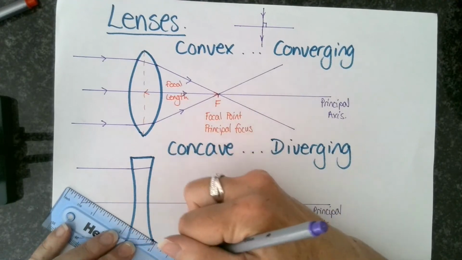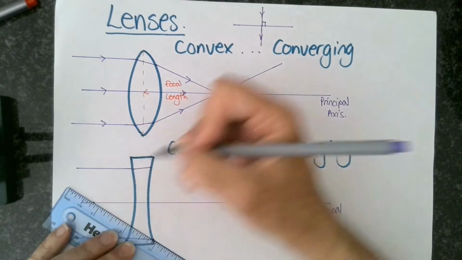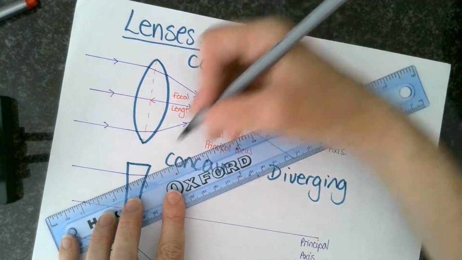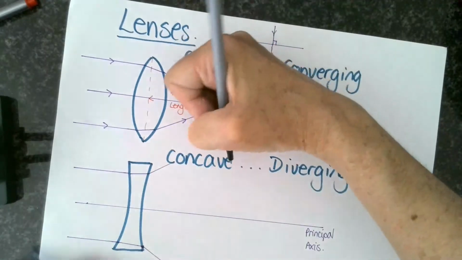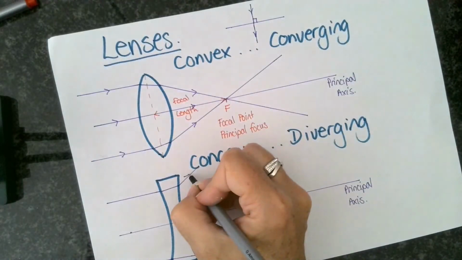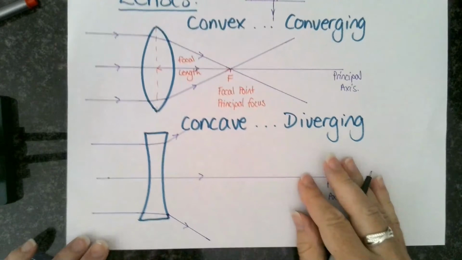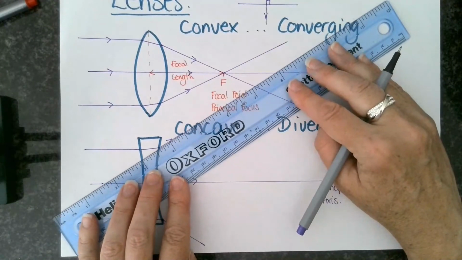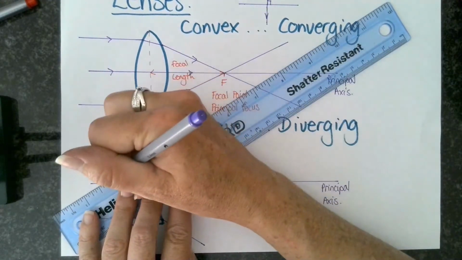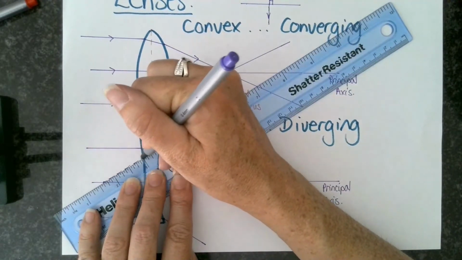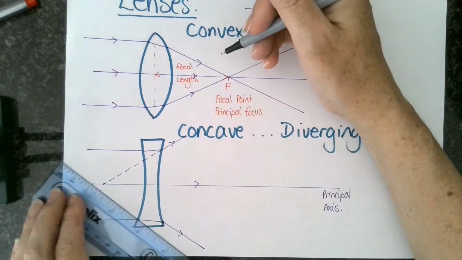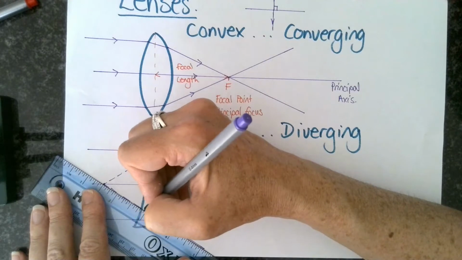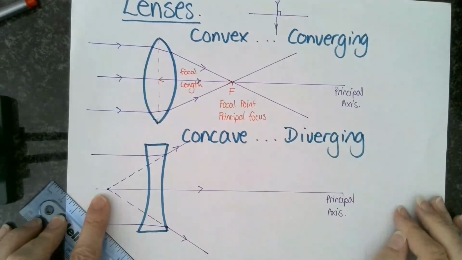And what you find is that the rays are spread out, and what happens is it's as if the light came from this point. So now I'm drawing virtual rays, they're not real rays, so therefore I draw them with a dotted line. It's as if they came from this point here.